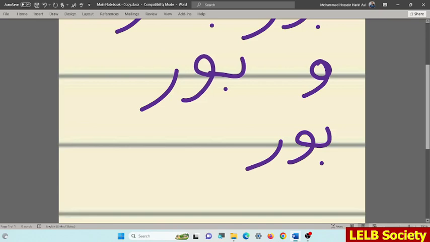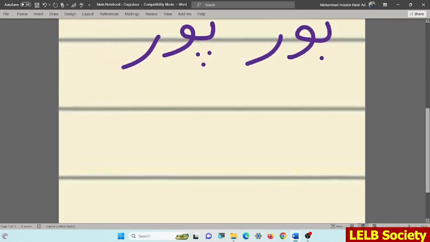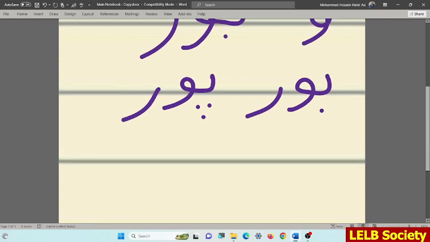Okay. So another word which is very similar to bur, with the exception of pe instead of be, is pur. Remember, you should be able to make a distinction between be, this is be, and if you put three dots below that, be changes to pe.